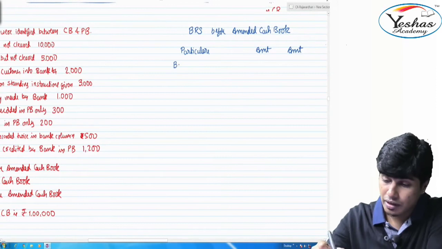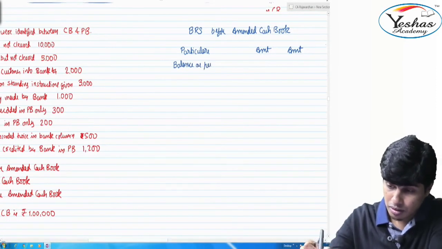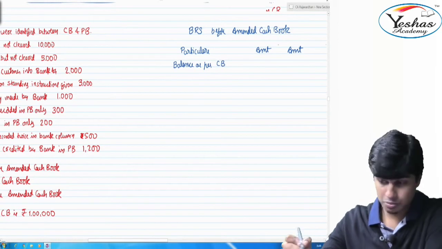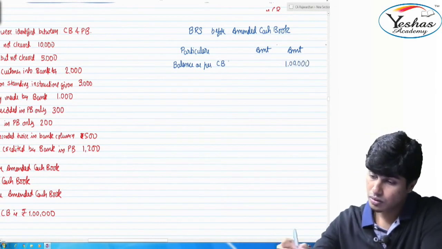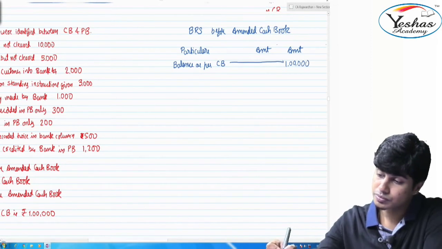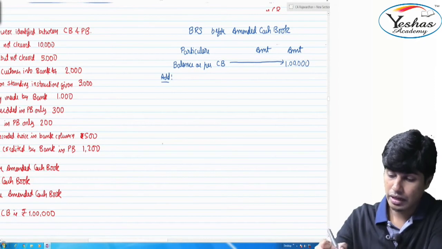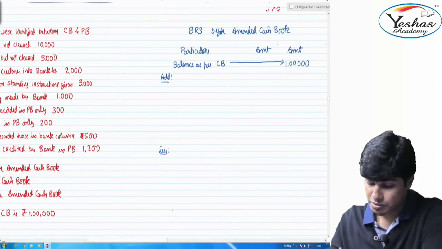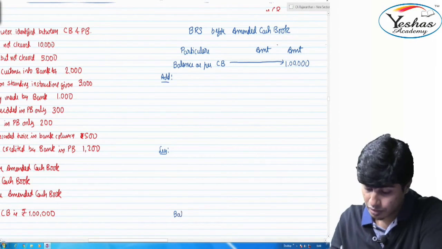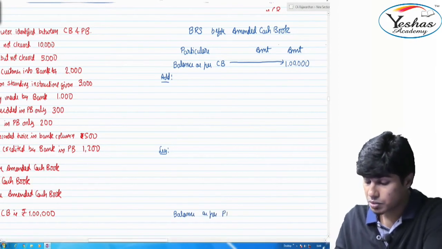I'll write here balance as per cash book, ₹1 lakh. We would have few add items, we would have few less items, and then we will have balance as per passbook.